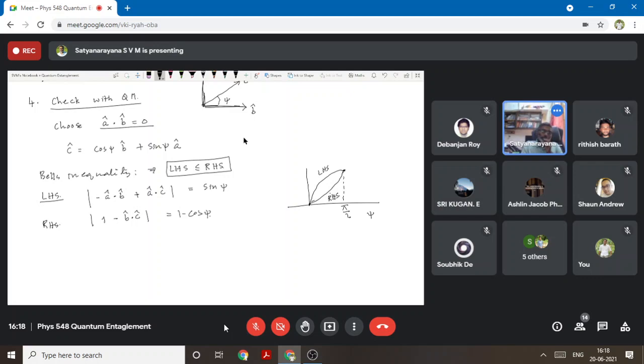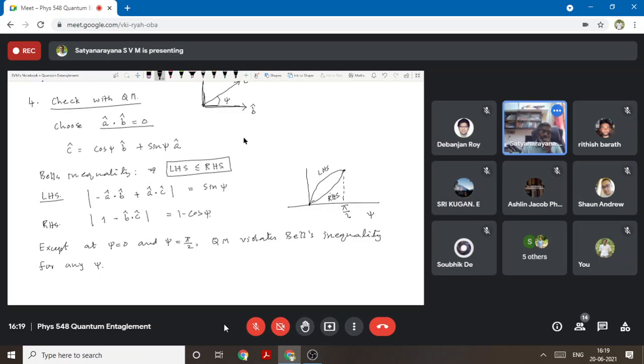So except at psi equal to 0 and psi equal to pi by 2, quantum mechanics violates Bell's inequality for any psi.